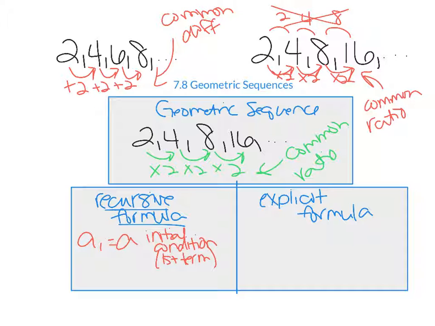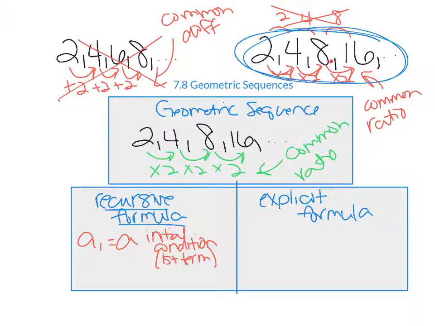So I want to look over here at this geometric sequence that we have. If I want to write a recursive formula, what we wrote down here is we said A of 1 is that initial condition. So for this sequence, A of 1 is 2. A sub 2 is 4.